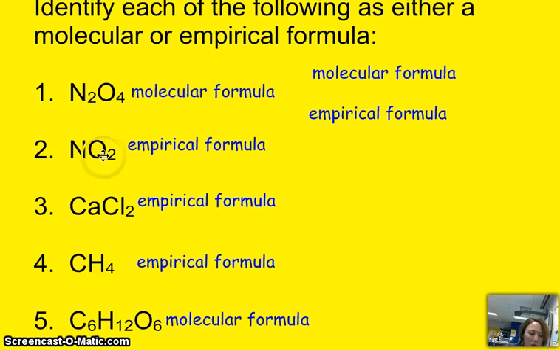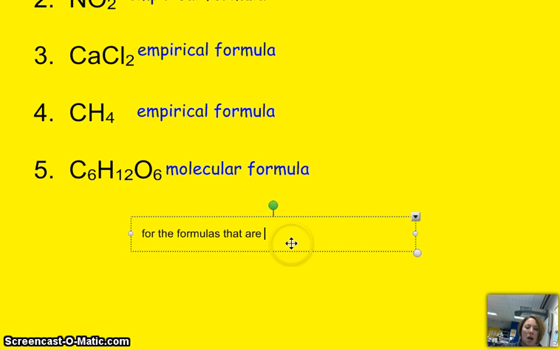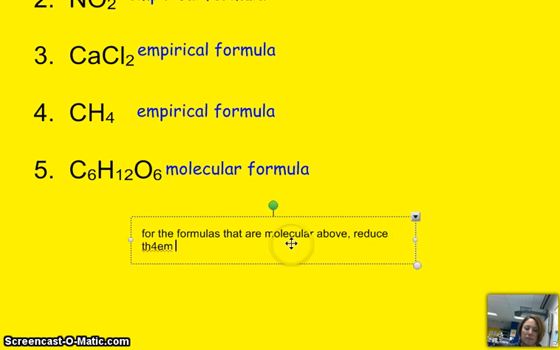So what I would like for you to do, next to the ones that have molecular formulas above, reduce them to give the empirical formula.